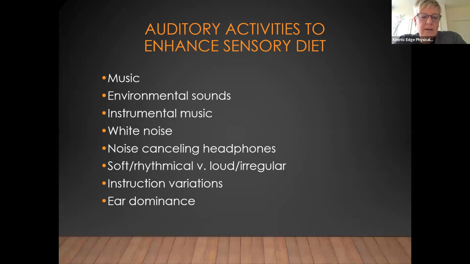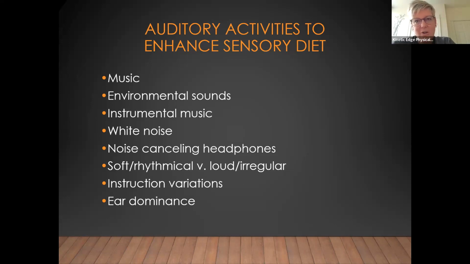Looking at maybe using some noise canceling headphones for kids who are obviously being overstimulated by sound. Thinking about, if you're using instrumental music, is it soft and rhythmical, or is it loud and irregular? I think not all instrumental music is calming.